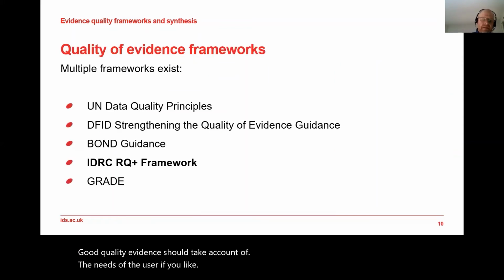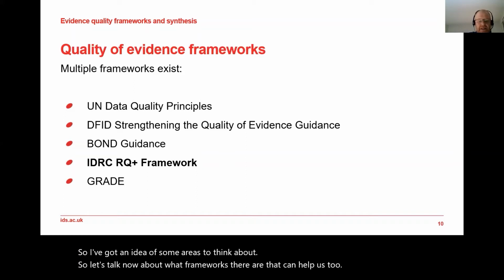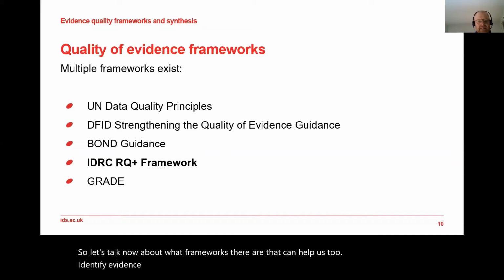So we've got an idea of some areas to think about. So let's talk now about what frameworks there are that can help us to identify evidence that meets our needs in terms of quality. And there are many and multiple frameworks out there.